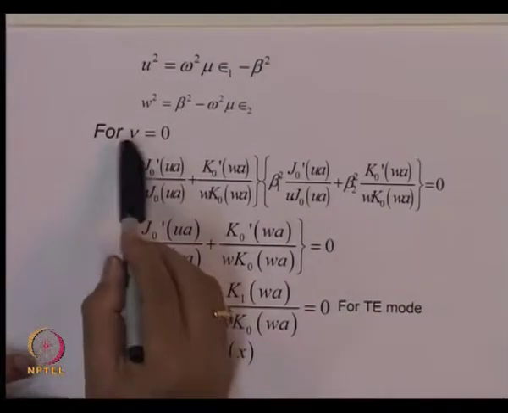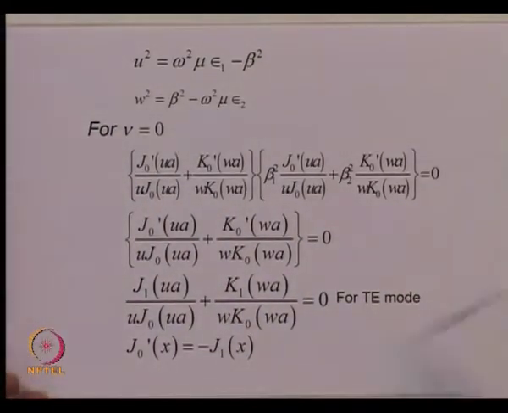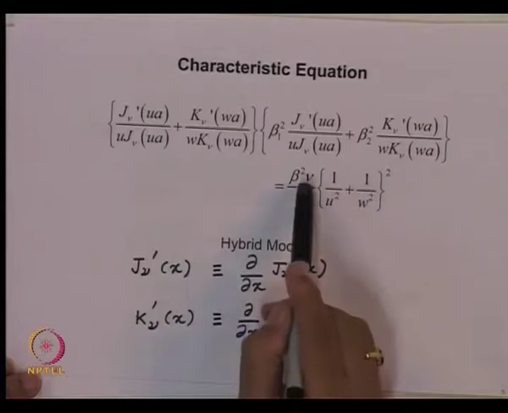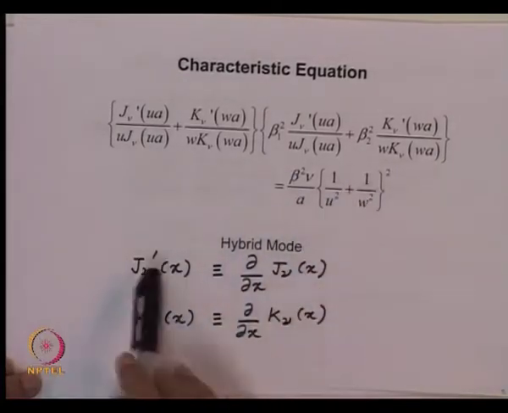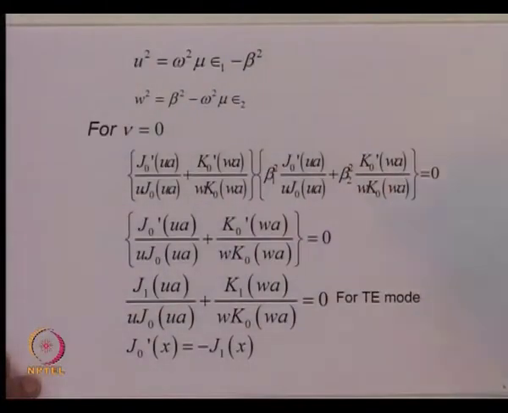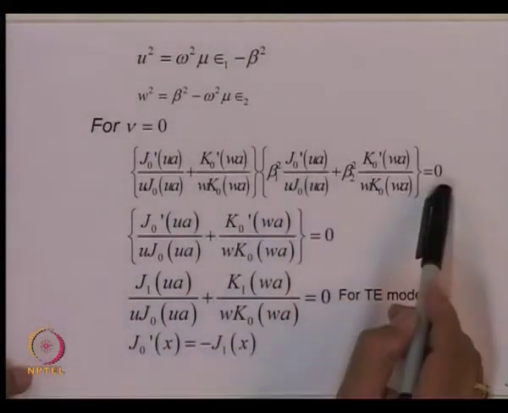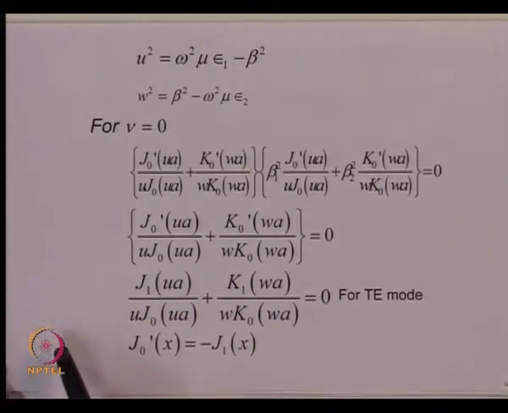So if I put nu equal to 0, the right hand side of the characteristic equation goes to 0, because nu is appearing here. So this quantity is 0, and the characteristic equation essentially reduces to this. Since the product of these two terms equals 0, we may have two solutions: either this bracket going to 0 or this bracket going to 0.